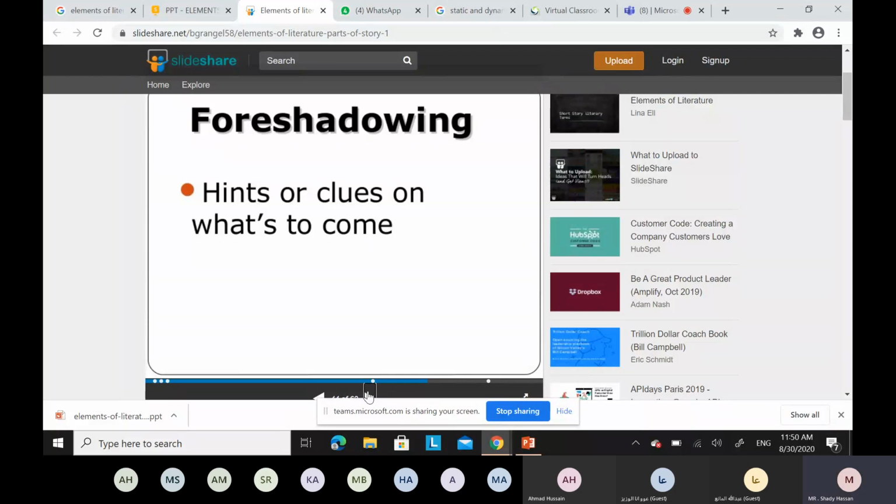Foreshadowing makes you want to read more, to know if these clues are actually going to tell you the correct denouement, the correct resolution, or no. So for a successful story, you have to give this element, foreshadowing. Don't forget.